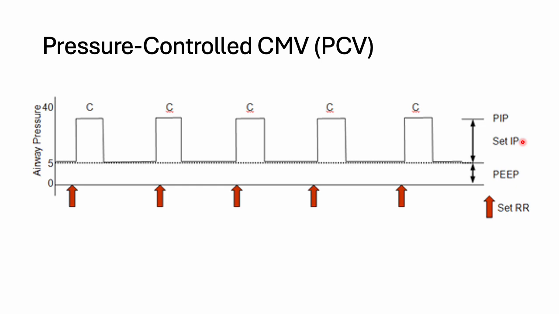What is set? Okay, we set the respiratory rate, we set the inspiratory pressure, we also set the inspiratory time. Okay, so therefore you notice these are all the same because the inspiratory times are all constant. It's all machine determined and machine delivered.